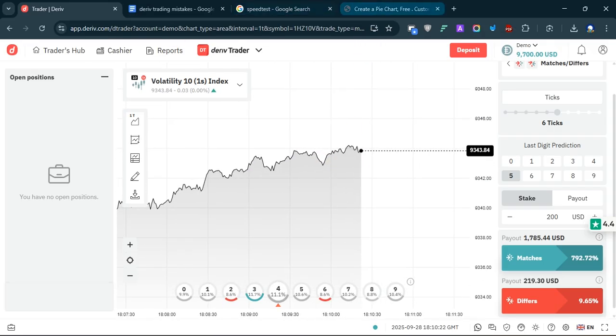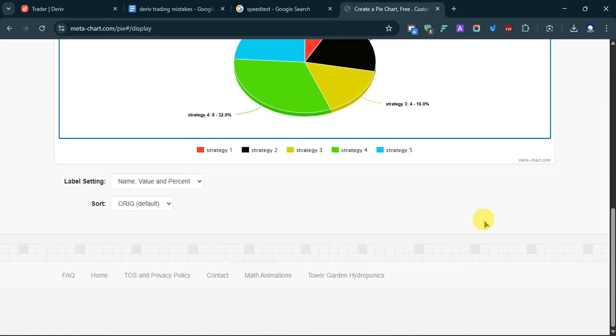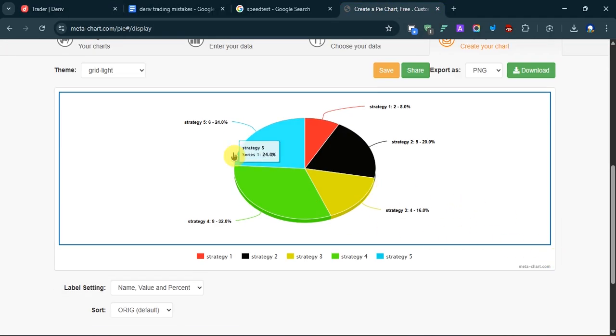And then here I have a chart that I have tested my strategies on. So you can also create your own chart and try to see which strategy is working out the best. So what do I do?